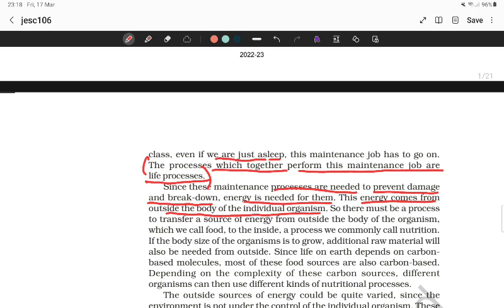The sun provides the energy to the plants, and the same energy is converted to chemical energy by the process of photosynthesis. So there must be a process of transfer of a source of energy from outside of the body to the organism.